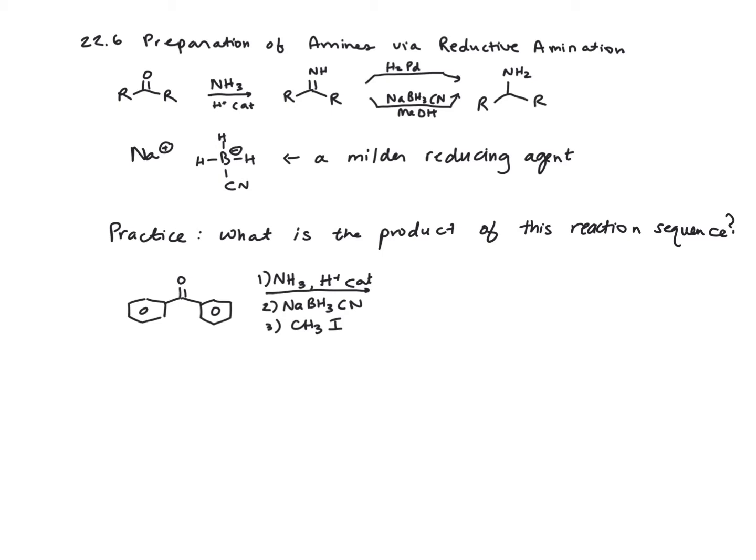We start out with the preparation of amines via reductive amination. The way this works is that we start with a carbonyl compound, we treat it with ammonia in acidic conditions, and that forms the imine, which we can reduce to the amine using hydrogen and palladium or sodium cyanoborohydride.